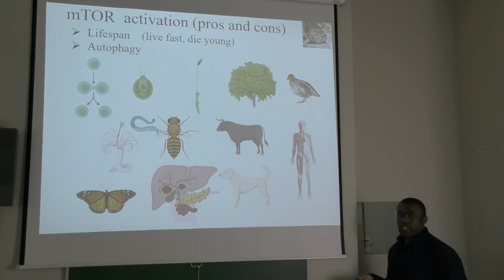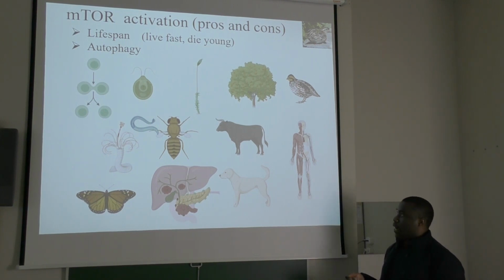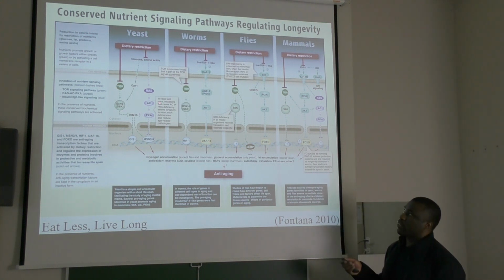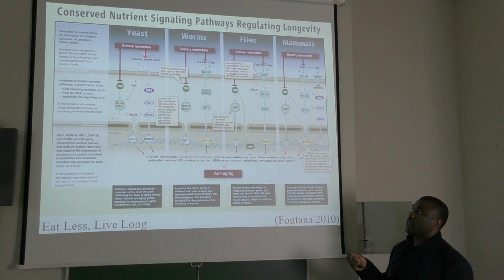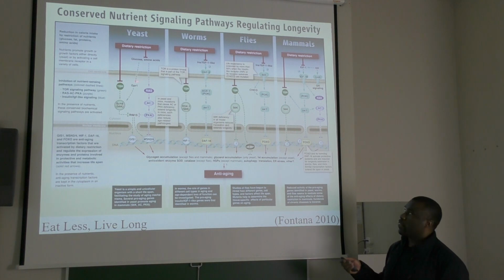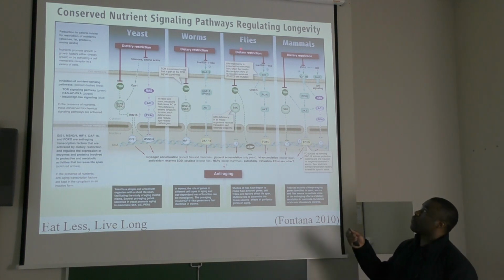So if we need to extend our lifespan, we need to reduce the amount of nutrients that we eat in order to become more healthy. This pathway is conserved in most of the animal taxa. You can see here from yeast, if we do some kind of dietary restriction, the signals come to TOR, and also in worms, flies, and mammals, there are connected signals.